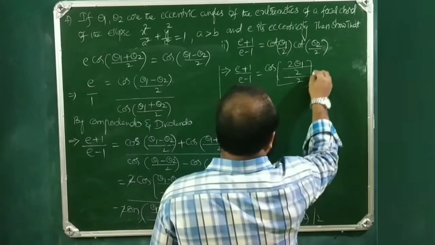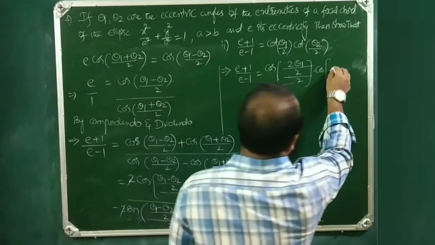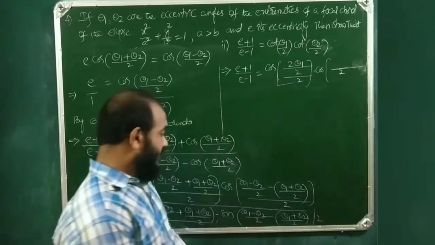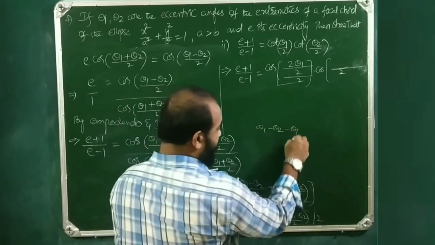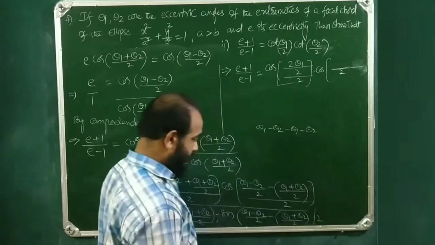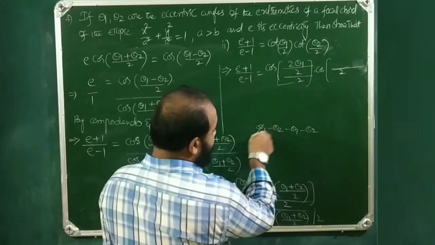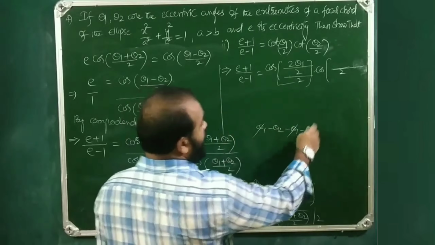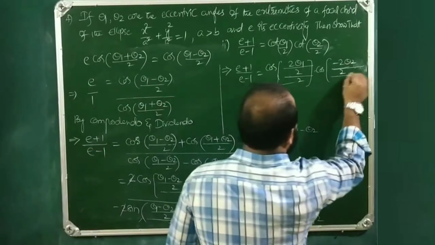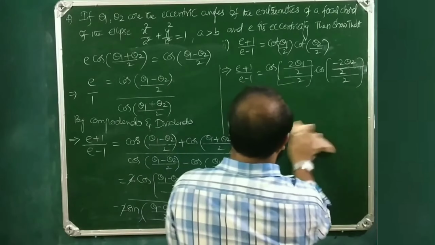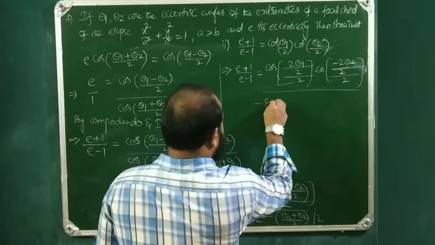Into, likewise, this is cos again. For both of them, 2 is the LCM here. So this is theta 1 minus theta 2 minus theta 1 minus theta 2, so here theta 1 gets cancelled, and minus theta 2 minus theta 2 is minus 2 theta 2, by whole 2, by 2. The same here also, minus sine.